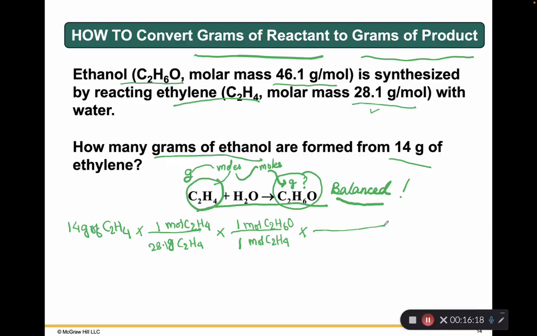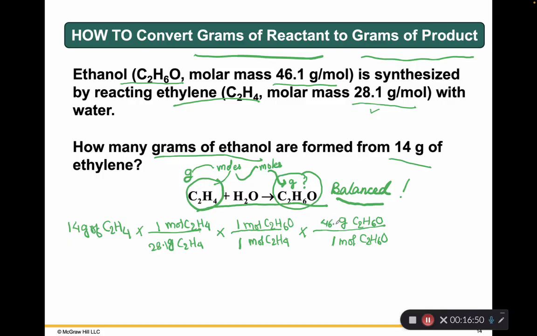Now, I have to convert the moles into grams. I have to place moles of my alcohol C2H6O on the bottom, and grams of the same compound C2H6O on the top. Again, by definition, 1 mole of alcohol C2H6O will have its mass equal to the molecular weight or molar mass, and the question has given us that number.